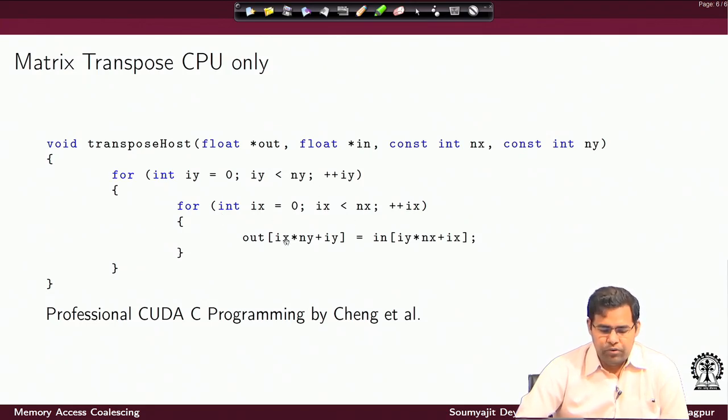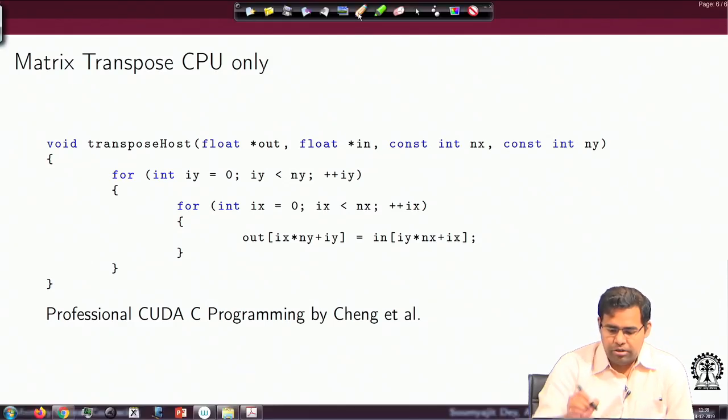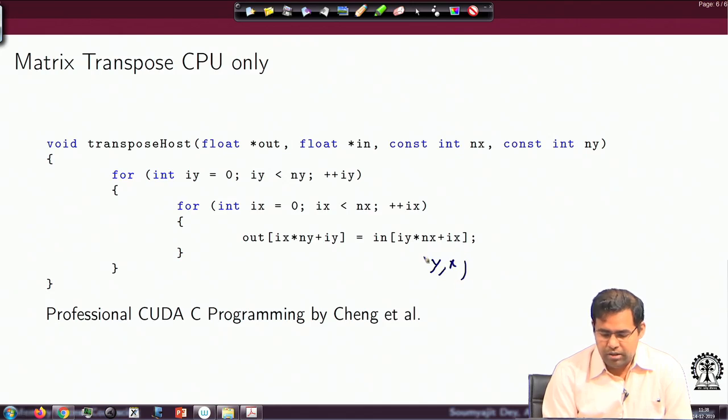Inside, you have been given a pointer to the input matrix, and you are going to write the data into the output matrix using the out pointer. Essentially you are just copying elements from the iy, ix location to the ix, iy location.